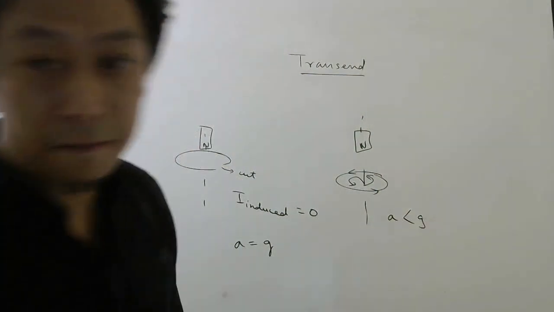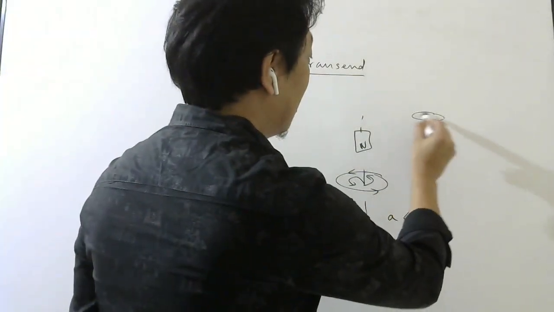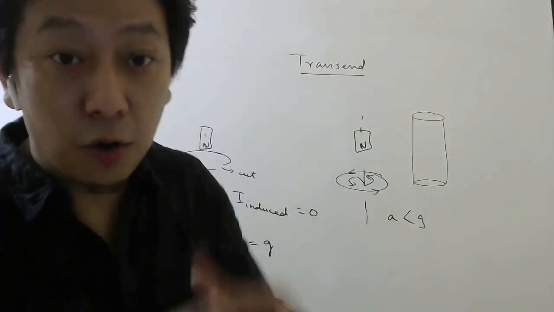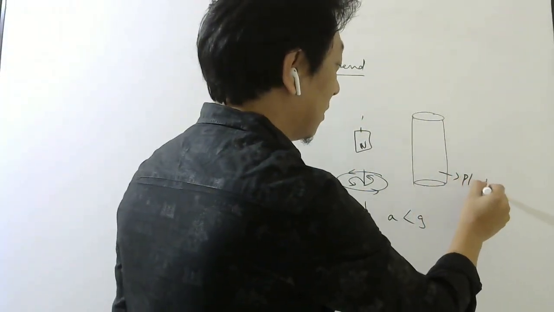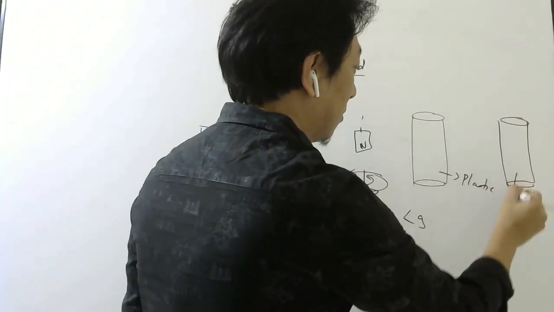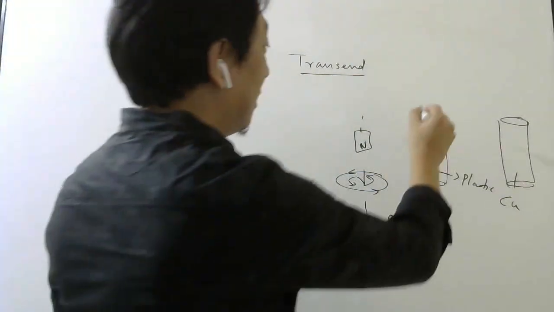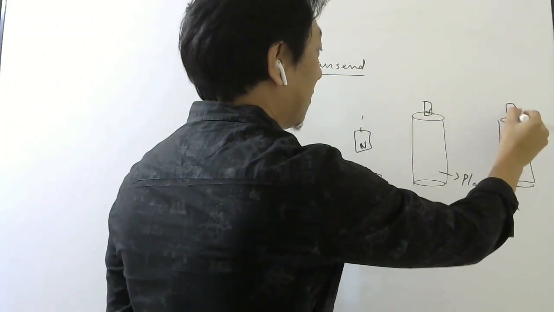So you may have seen some experiments where they take one plastic hollow cylinder, and in another case they take a copper conducting hollow cylinder. Then they drop a magnet from here and from here.